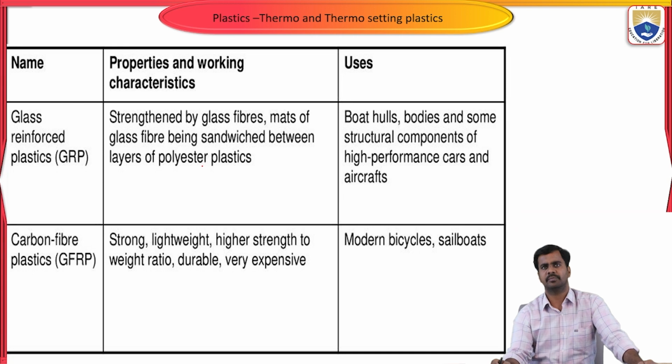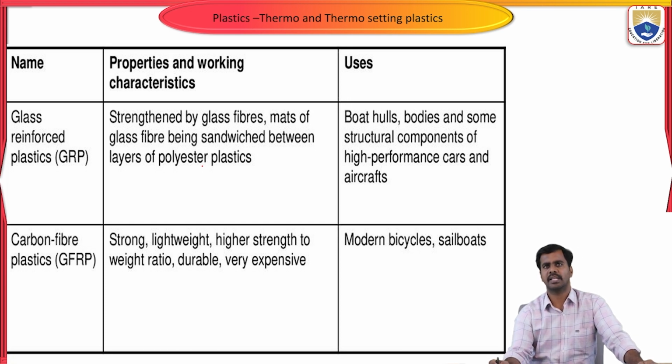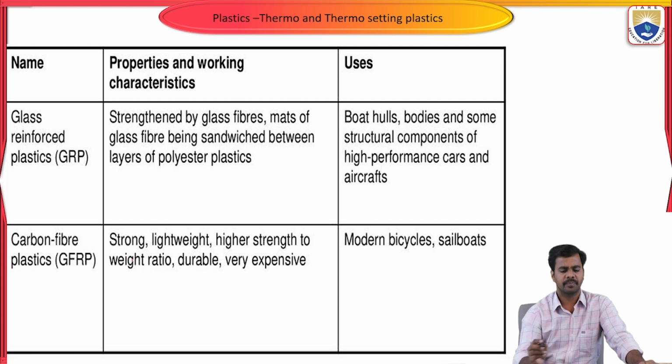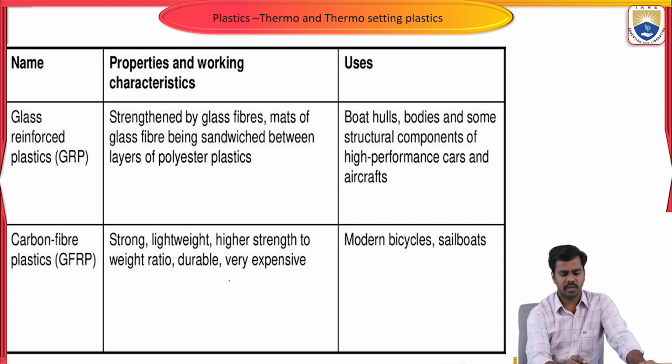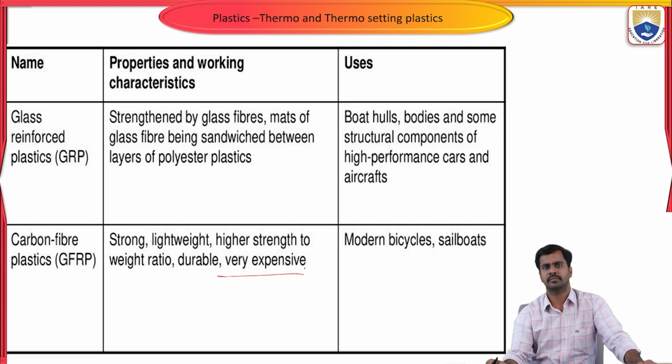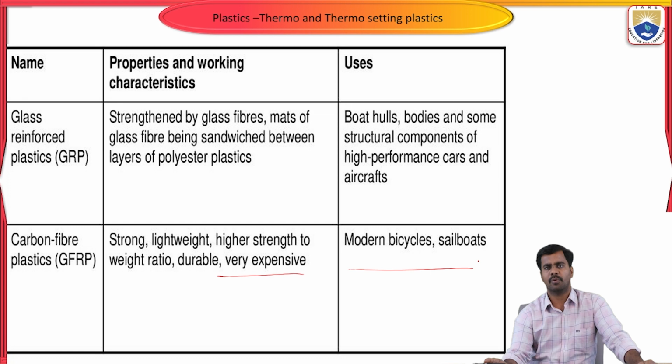And coming to the uses, used as boat hulls, bodies, and some structural components of high performance cars and aircraft. And next one is carbon fiber plastics. These are strong, lightweight, with a higher strength to weight ratio, durable, and very expensive. And these are used in modern bicycles and boats.